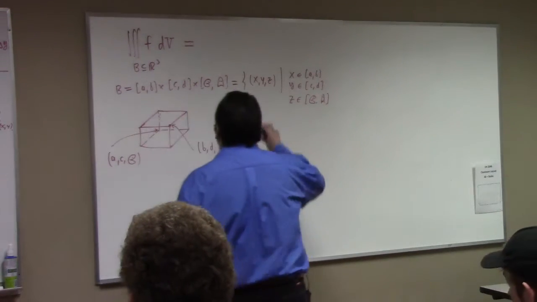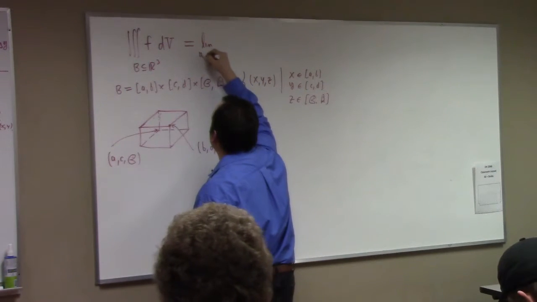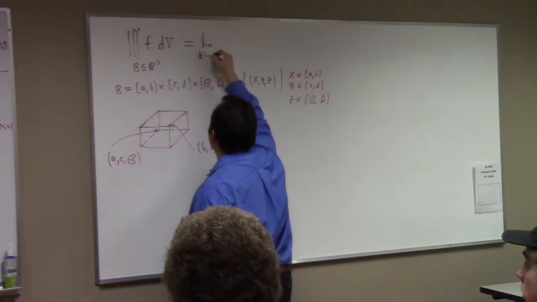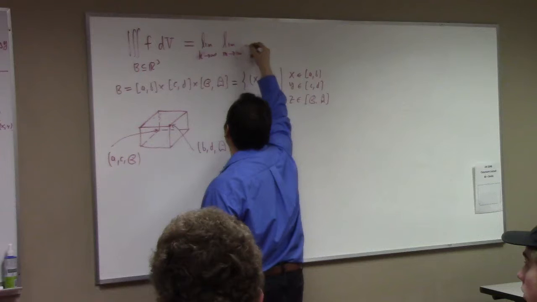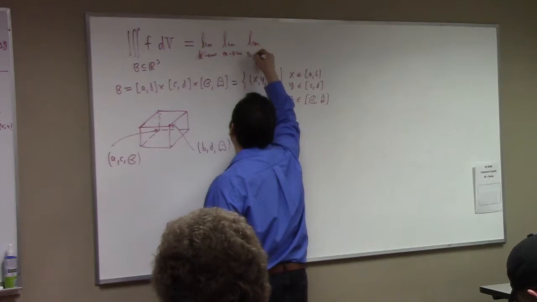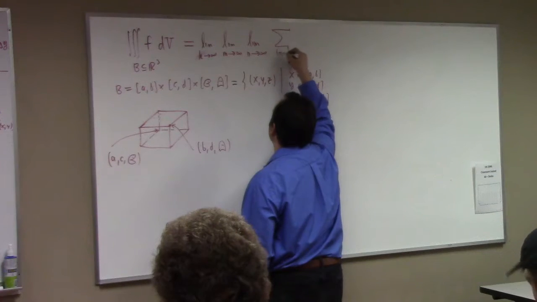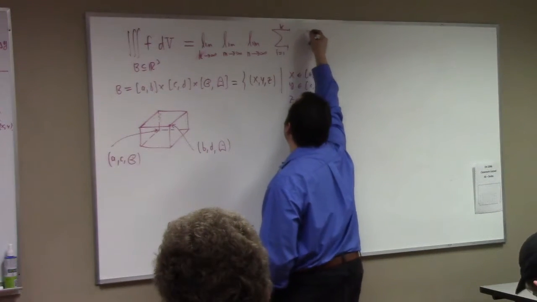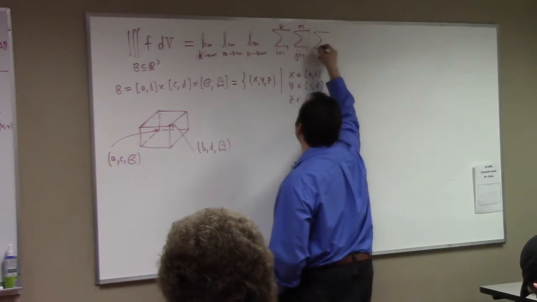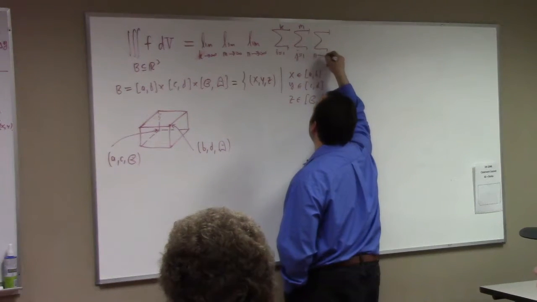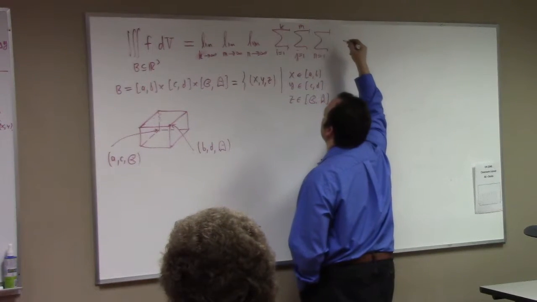I'll describe in a minute, but here's what you do: the limit as, let's say, k goes to infinity, limit as m goes to infinity, limit as n goes to infinity of the sum i equals 1 to k, sum j equals 1 to m, sum... what have I just done?